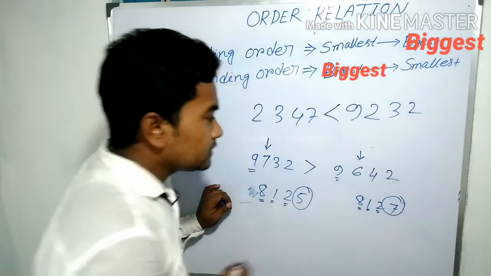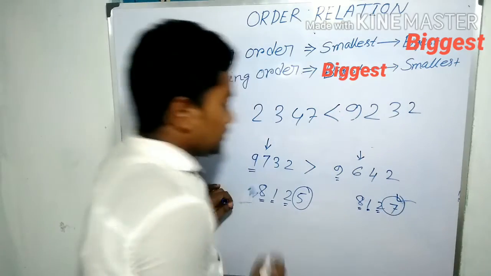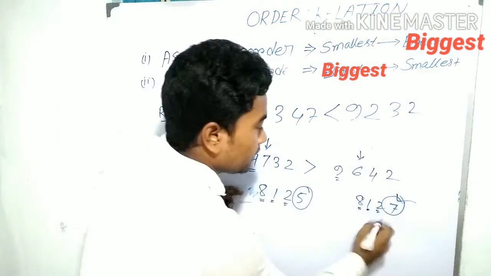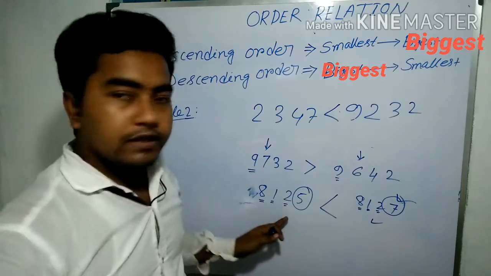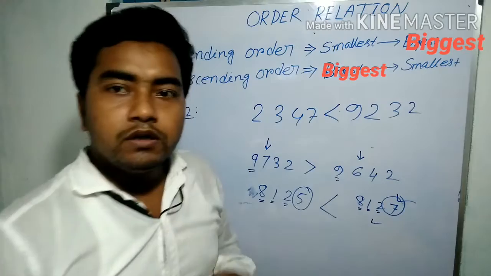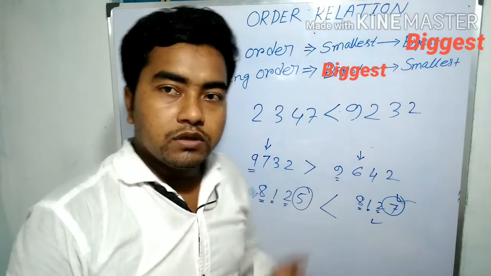So which number is greater? 7, yes. As 7 is greater, this number will be greater than this number. So the second number is greater than the first number. In this way we will compare two numbers and arrange them in order.